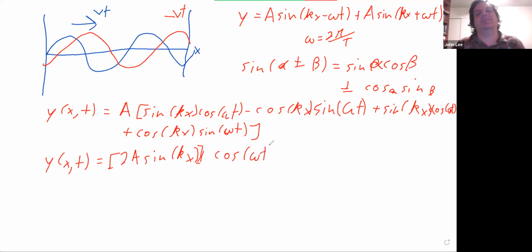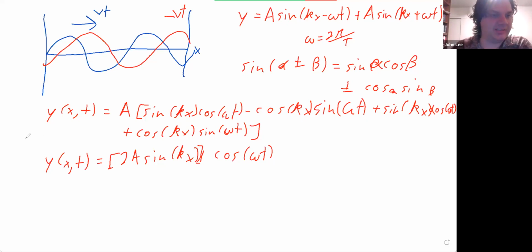which is interesting for the reason that this 2a sine kx cosine omega t, this wave doesn't move back and forth. It is just some constant 2a sine kx.